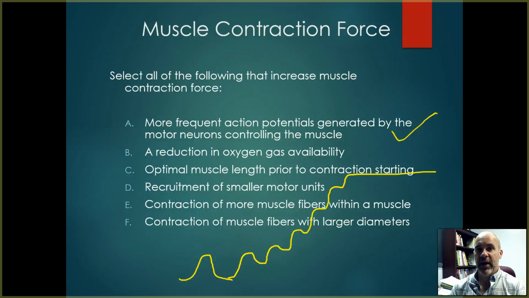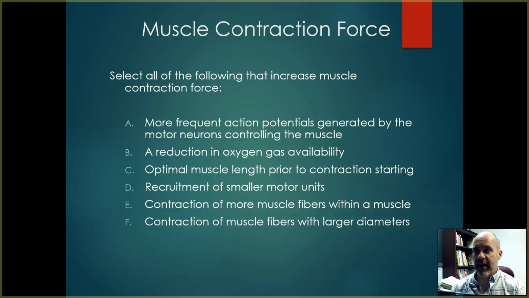That's where the skeletal muscle is in a permanent state of maximum contraction until it winds up becoming exhausted. And in order for that to happen, you have to have repeated motor neuron action potentials being generated over and over again. All right, so more frequent action potentials by a motor neuron will lead to increased muscle contraction force.